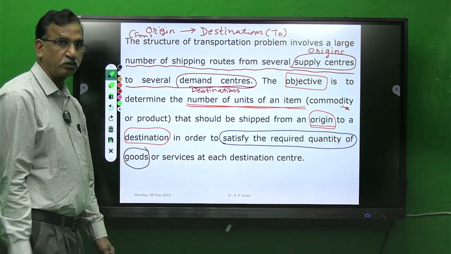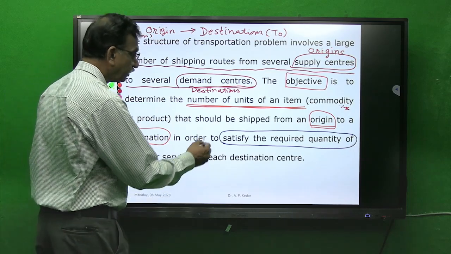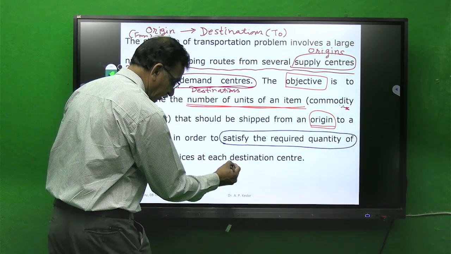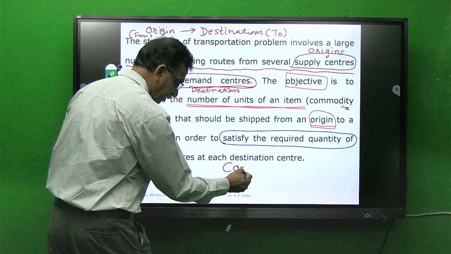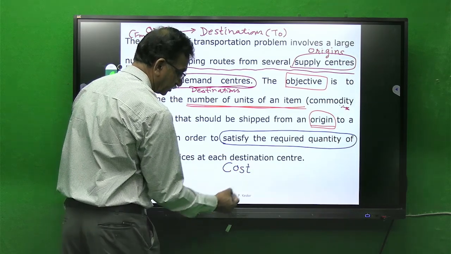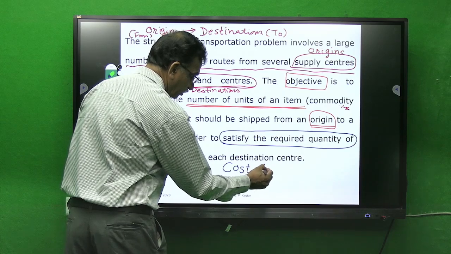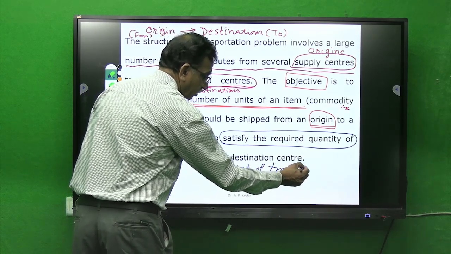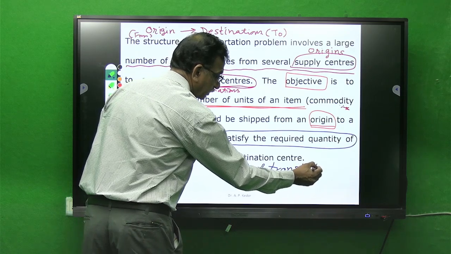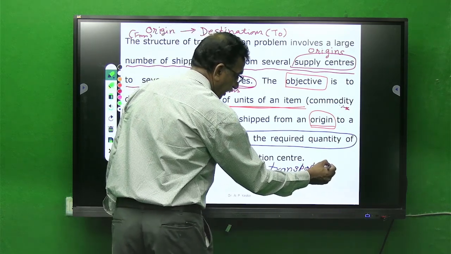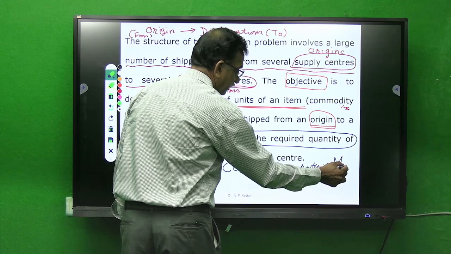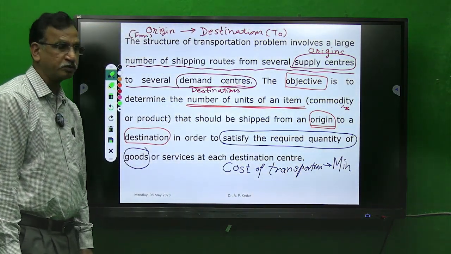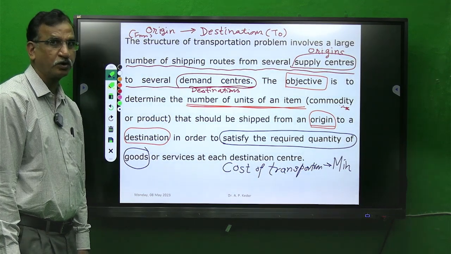So one thing you have to keep in mind while doing all this business, our most important criterion will be the cost of doing this business, that is the cost of transportation. The cost of transportation has to be in any case minimum. So this will be the only objective function if it is cost.